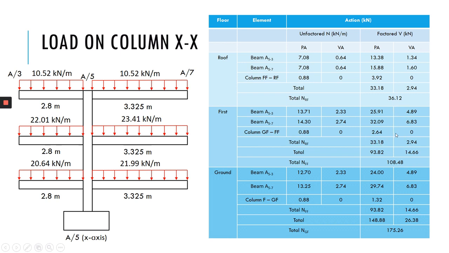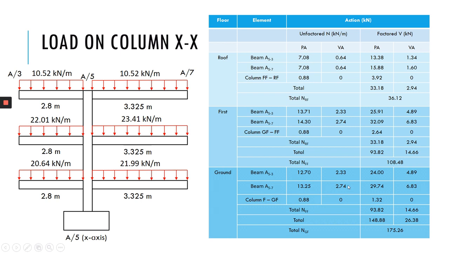You have to carry forward because the axial load here will be accumulative from this floor and also this floor. So the total for the permanent action here is the total of this load. So you will get 93.82, and then for the variable action it is 14.66, and then you total up to 108.48.